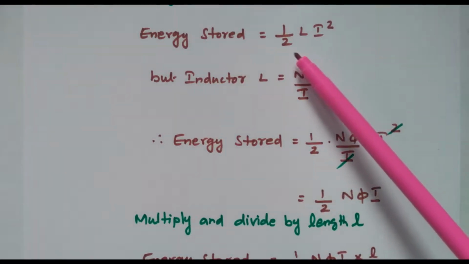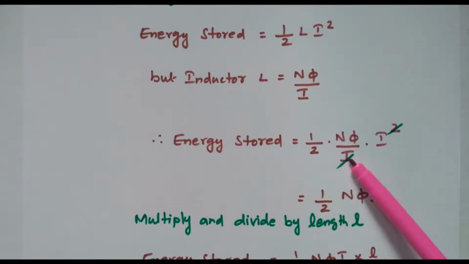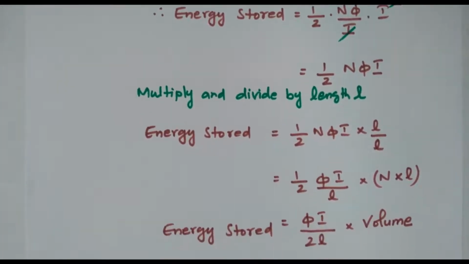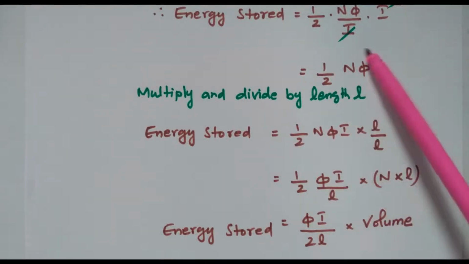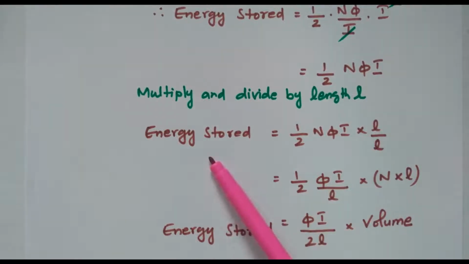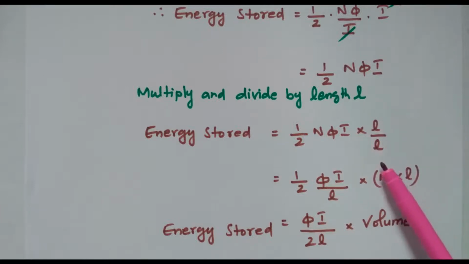So the energy stored is half L I square. In this, L is replaced by N phi by I, one I got cancelled, and we got half N phi into I. In order to get the volume, we multiply and divide by the length l, right? So energy stored equal to half N phi by I into l divided by l.